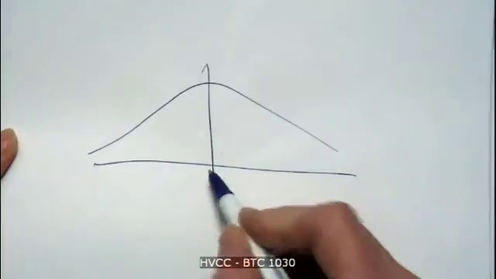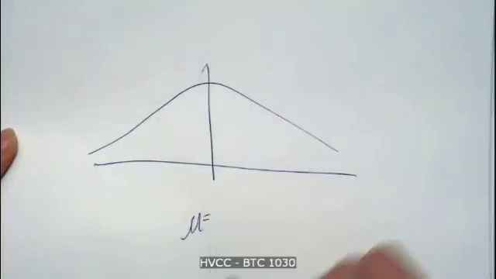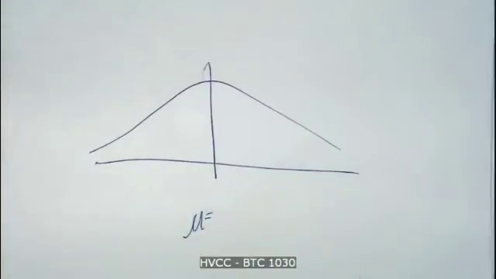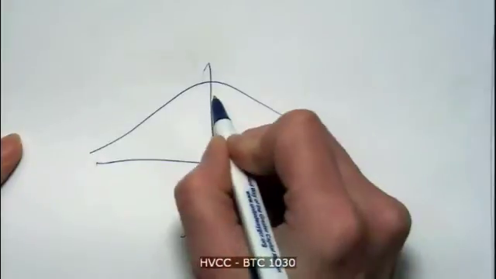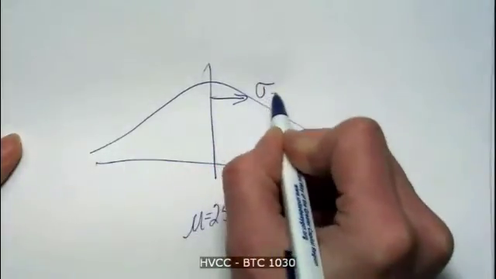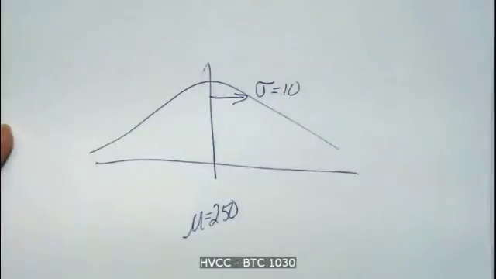Our center point will be our population average. Let's say we're measuring the number of grams of cereal in a box of cereal, and it could be 250 with a standard deviation of 10. This is our data.